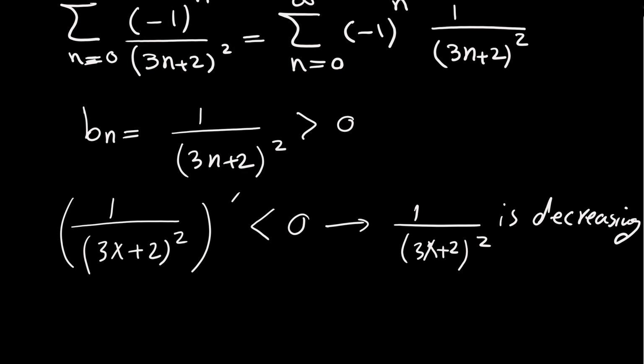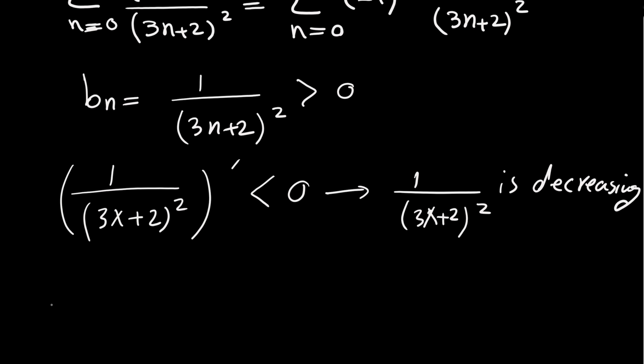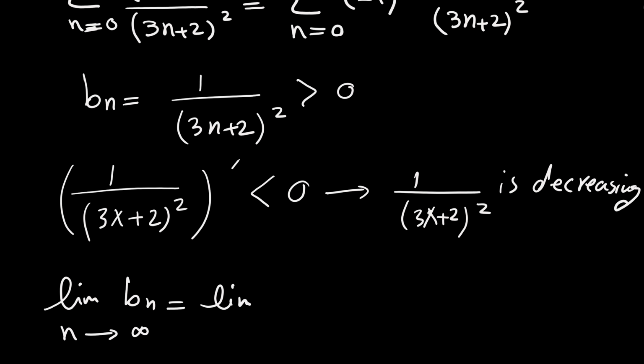Okay, now we have two conditions, and we find the limit of b_n when n approaches infinity. What is the limit of b_n? It's 1 over the square root of 3n plus 2, as n approaches infinity. When n approaches infinity, the denominator is 3 times infinity, which is infinity.